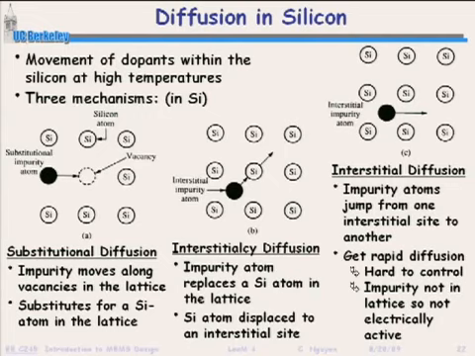Okay, there are other ways to move around in silicon too. There's interstitialcy diffusion, where the impurity atom replaces the silicon atom. Again, all of this is made more possible at higher temperatures, right? Silicon can move out of the lattice location. The dopant can move in at the higher temperature. And finally, there's interstitial diffusion, where the dopant doesn't even have to go into a silicon lattice point.